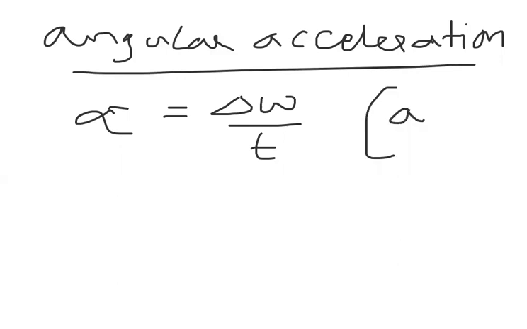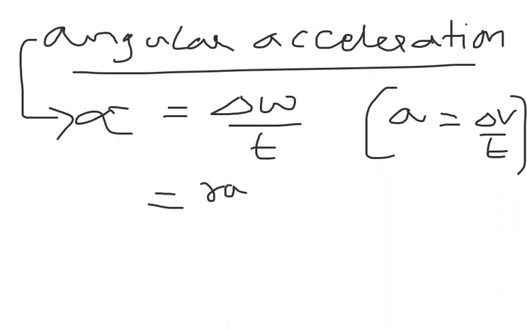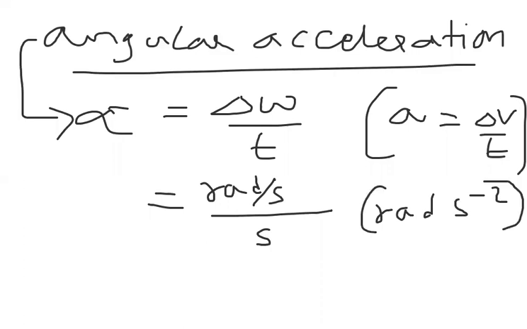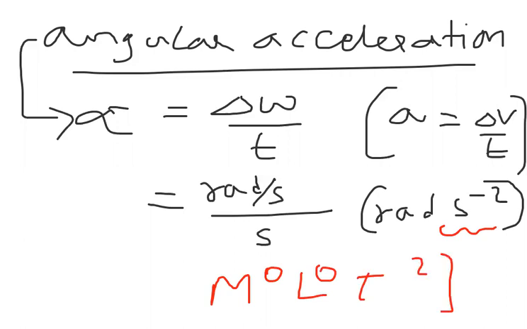Just now we said angular velocity is radian per second, so radian per second by second gives radian second power minus 2. Remember, radian doesn't have any dimensions, only second, which is related to time. So M0 L0 T power minus 2 is the dimensional formula for angular acceleration.